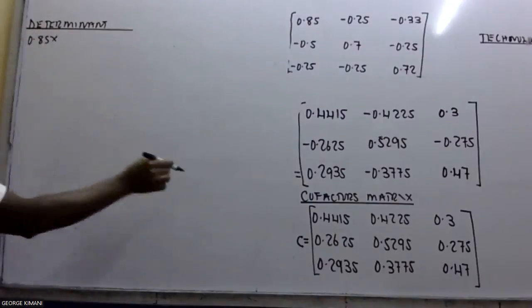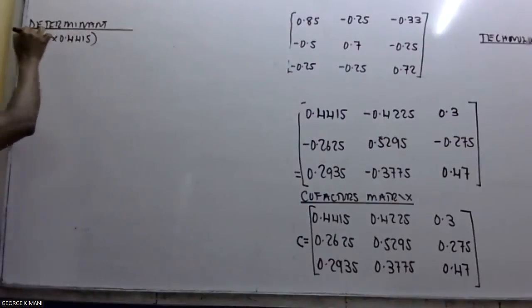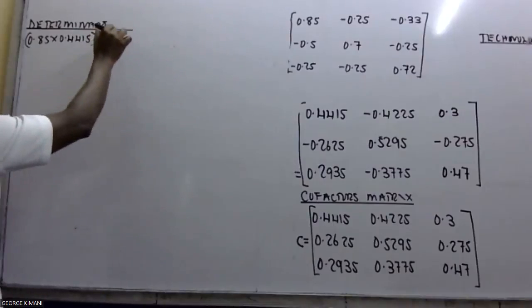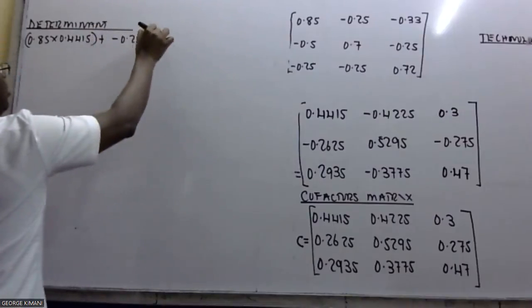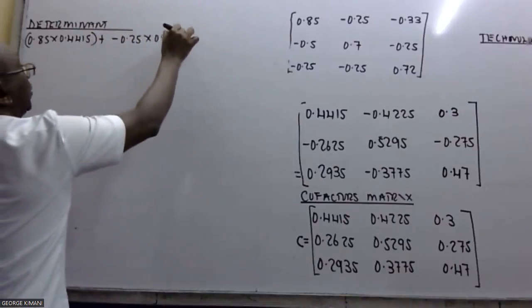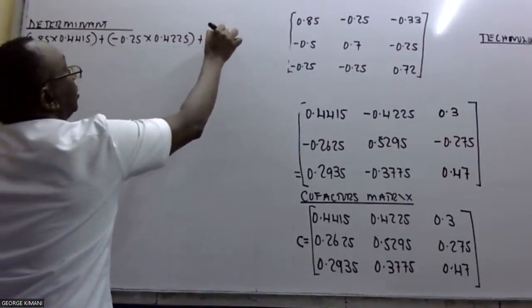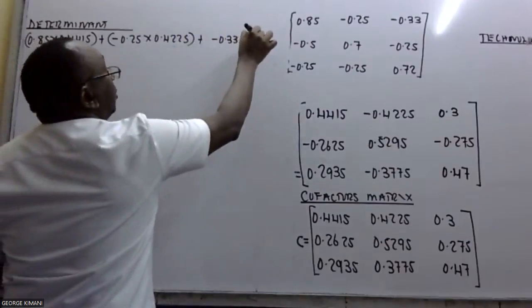So it will now be 0.85 times 0.4415 plus, you take the next one, which is minus 0.25 times 0.4225, plus minus 0.33 times 0.3.